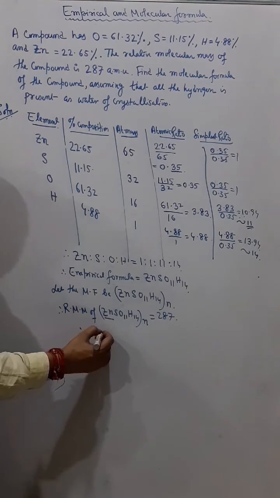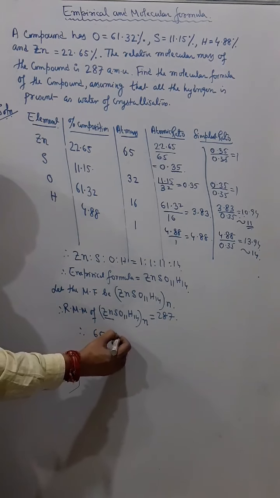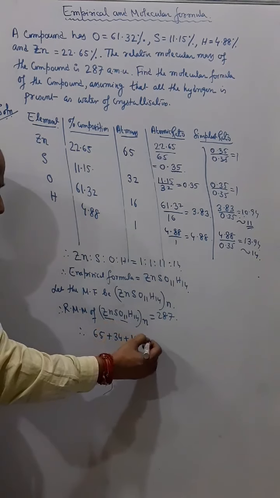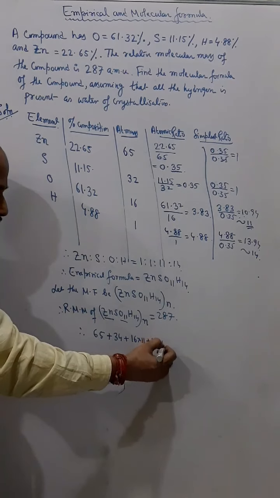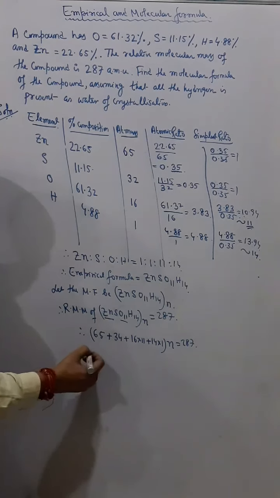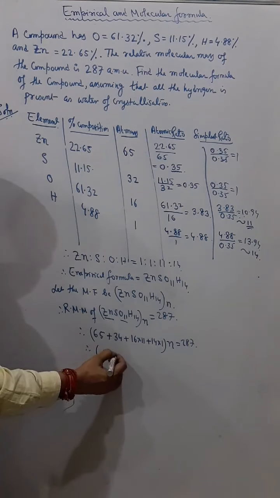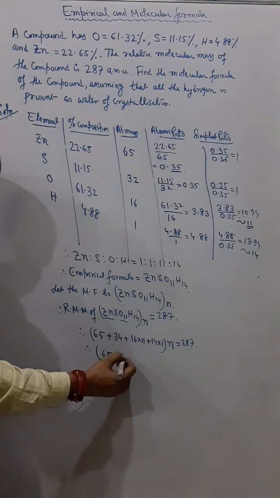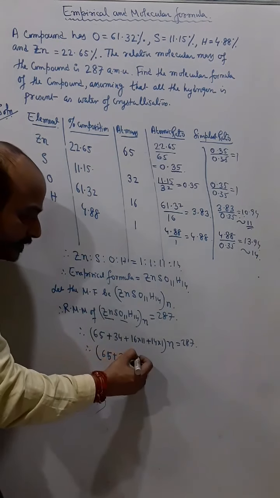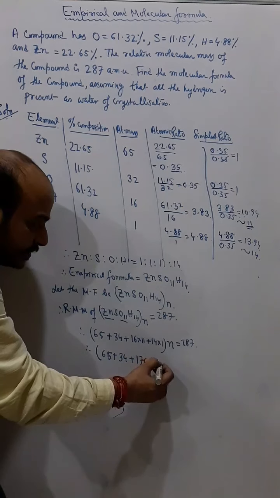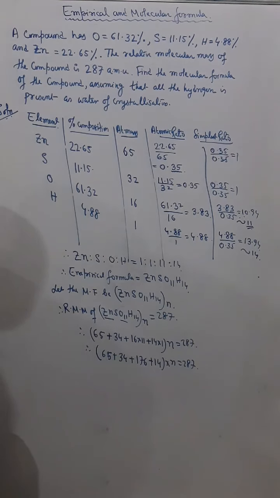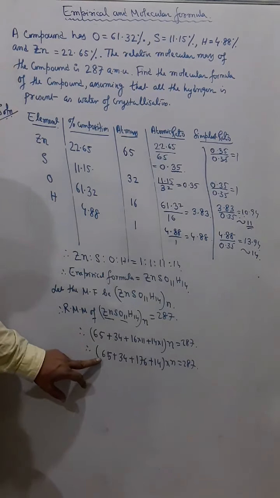Zinc is 65 plus 34 plus 16 into 11, that is oxygen, and plus 14 into 1, and whole n is equal to 287. Now 65 plus 34 and 16 into 11 is 176, and plus 14 into n is equal to 287.